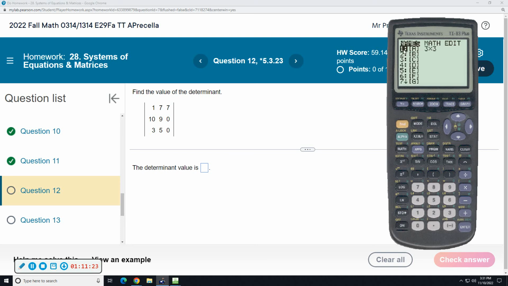Second matrix. I may as well reuse matrix A and just put in new numbers. Oh, wait, what am I doing? I didn't say edit. Matrix, move over to edit. And I'm just going to edit matrix A, enter, enter, and now I'm going to just put in the new numbers. 1, enter, 7, enter, 7, enter, 10, enter, 9, enter, 0.